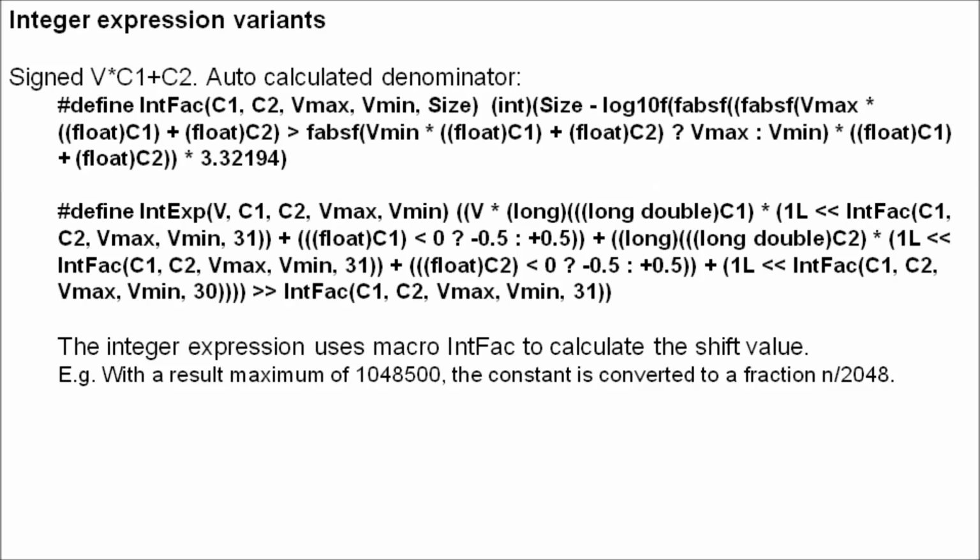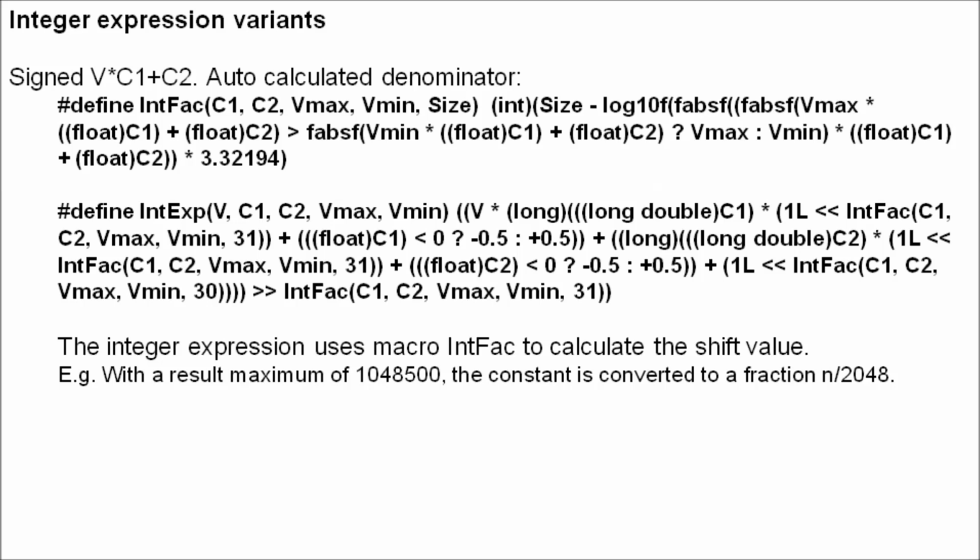This is an interesting variant but probably of little practical use. I did this more as a theoretical exercise. It uses the largest possible denominator, which is calculated from the variable maximum and minimum values, which have to be specified when the macro is used.